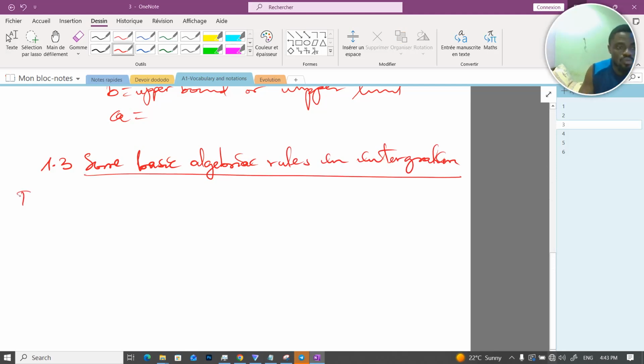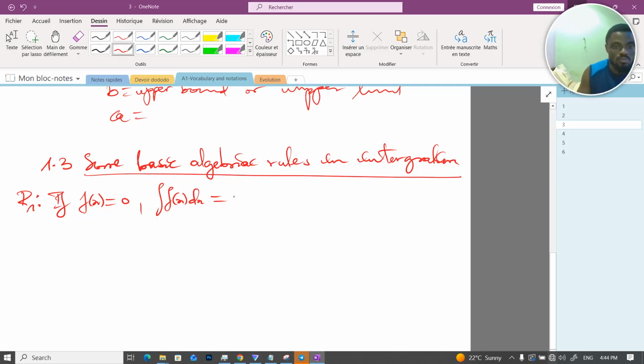The first rule states that if f of x equals 0, then the integral of f of x dx will be equal to what? Let me give you some time to reason. If a function is equal to 0, what must be its integral?